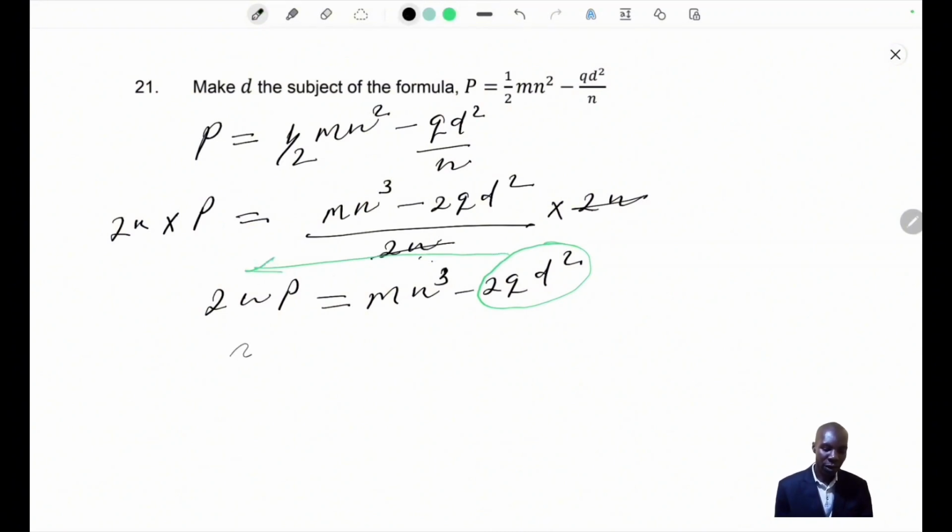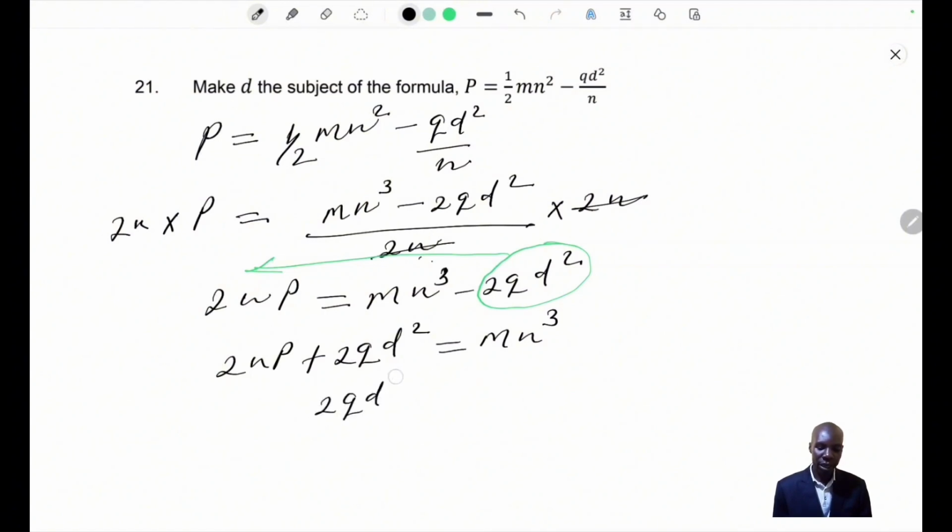We'll have 2np plus 2qd squared is equal to mn to the power 3. So we'll have 2qd squared is equal to mn to the power 3 minus 2np.